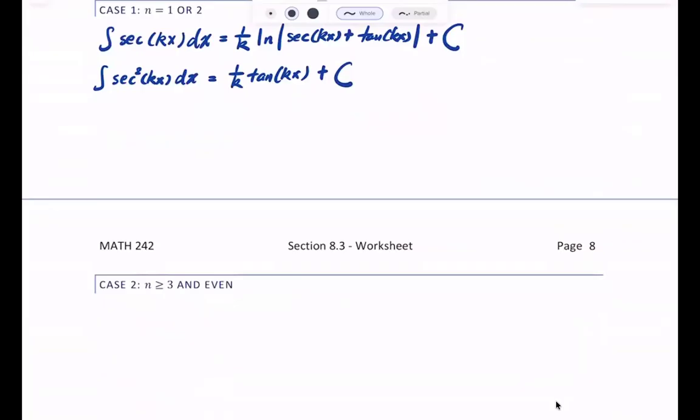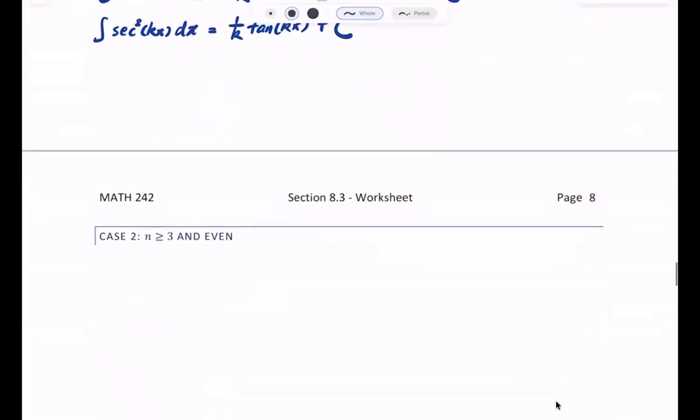if it's even, we use up tangent. Okay, so remember this is even and greater than or equal to 3. So use up tangent.